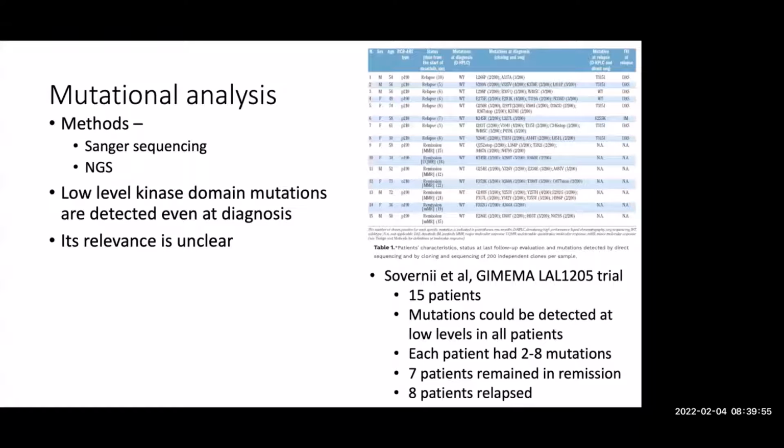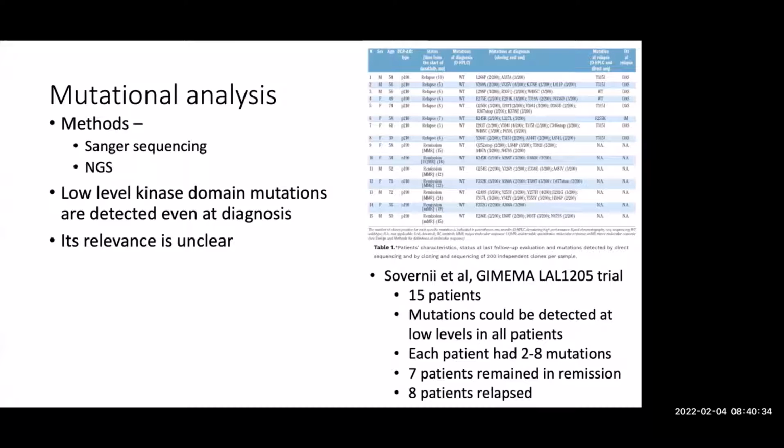So assessment of mutational analysis has also become part and parcel of the treatment evaluation. What we need to understand is that in pH positive ALL patients, if we use a very sensitive method to check for mutations, we might end up finding low level kinase domain mutations even at diagnosis, but its relevance is unclear.